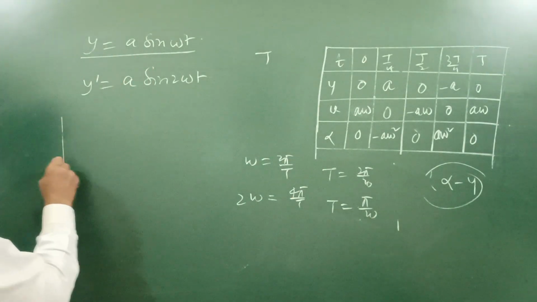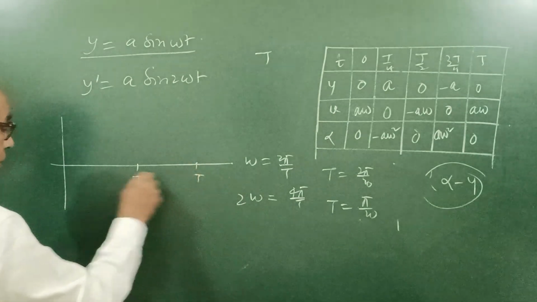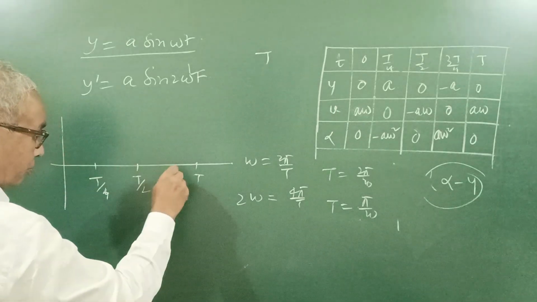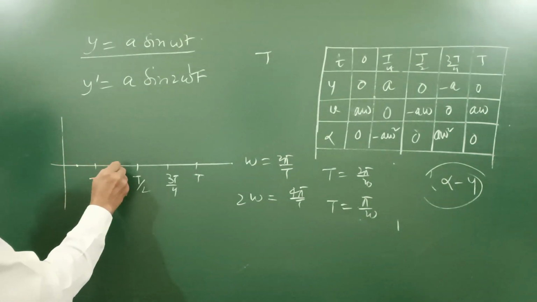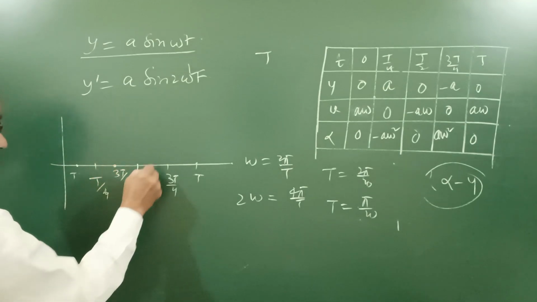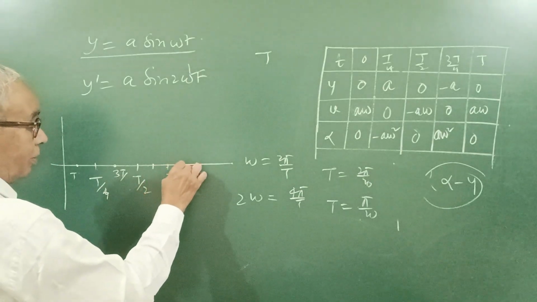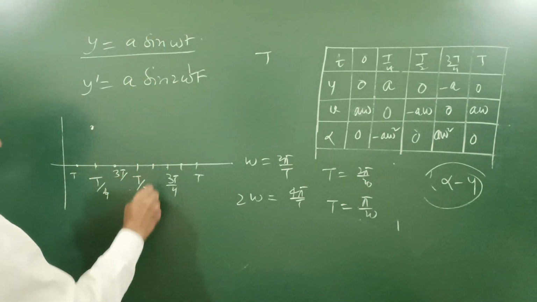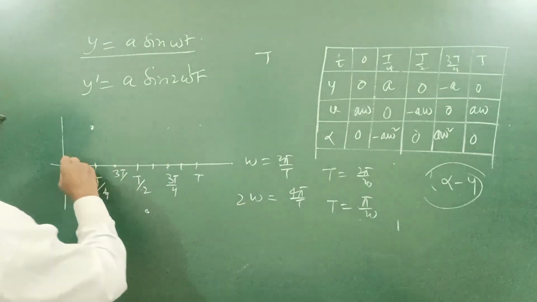So if we plot the same graph, t by 4, t by 2, 3t by 4 and t, then to plot this graph we have to take other times also: t by 8, 2t by 8, 3t by 8, t by 4, 5t by 8, 7t by 8 and so on. तो इसके लिए हमारा graph आता है like this, है भाई, and here 4 omega.